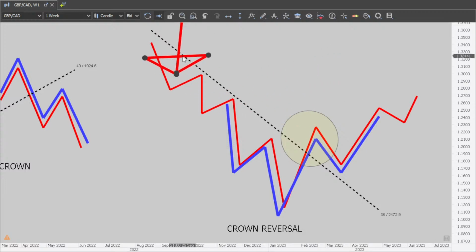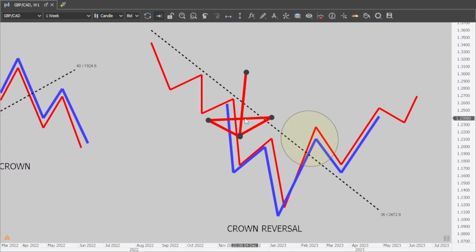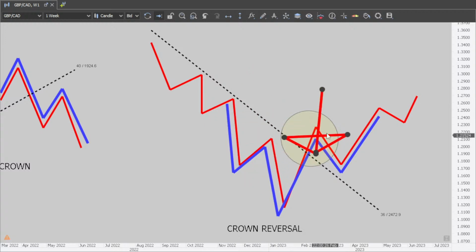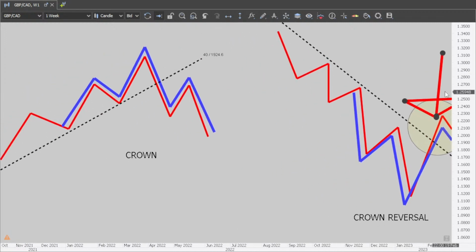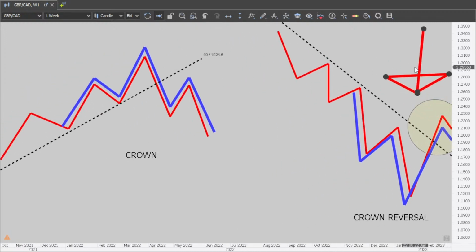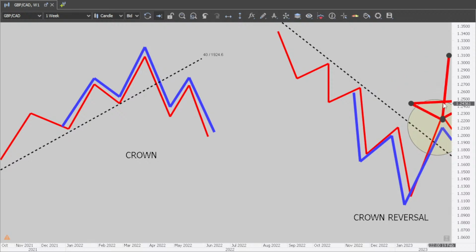If the market was making lower lows, lower highs, lower lows, lower highs, and then it makes a higher high, this is not a guarantee, this is an indication of what? So very slowly, when the market makes a higher high, question, are we in a downtrend or are we not in a downtrend anymore?